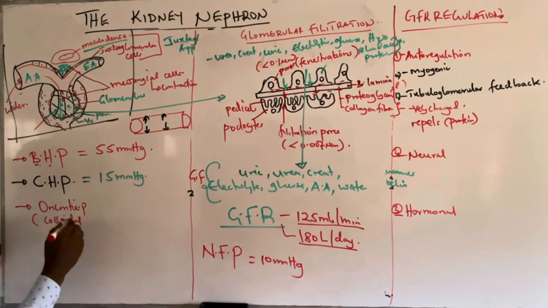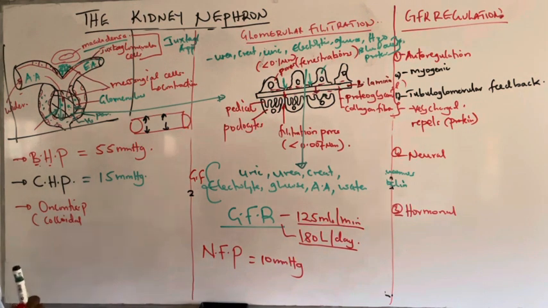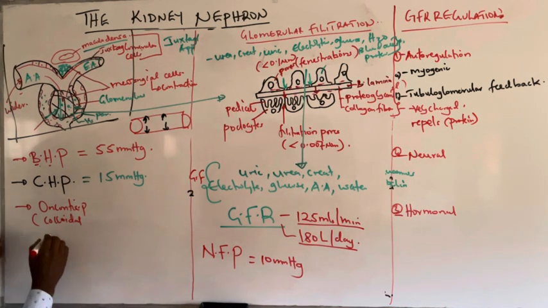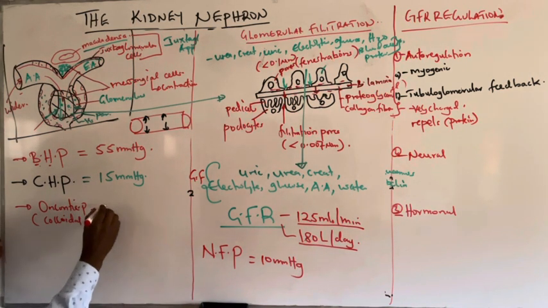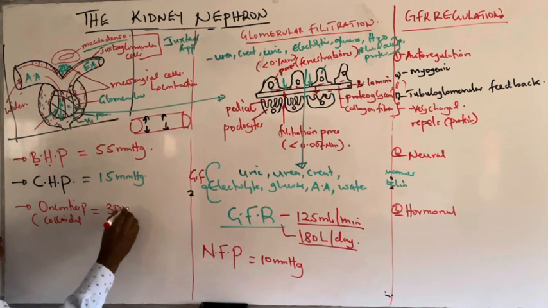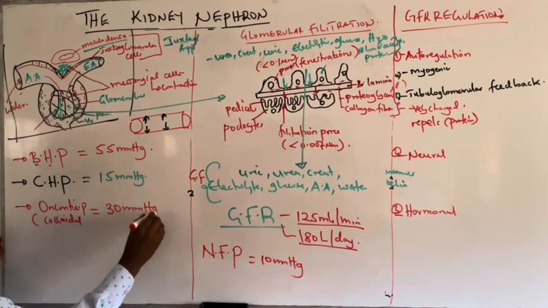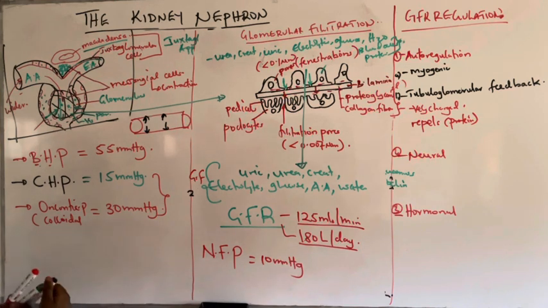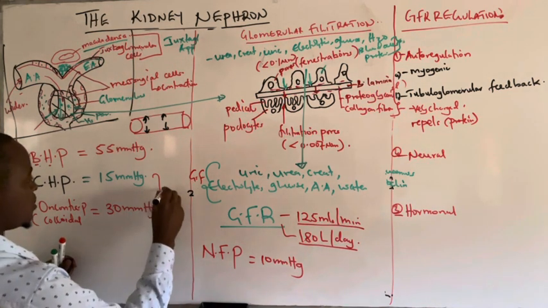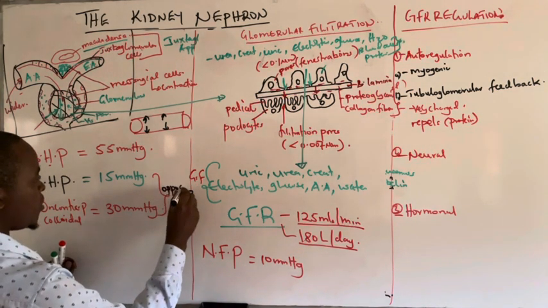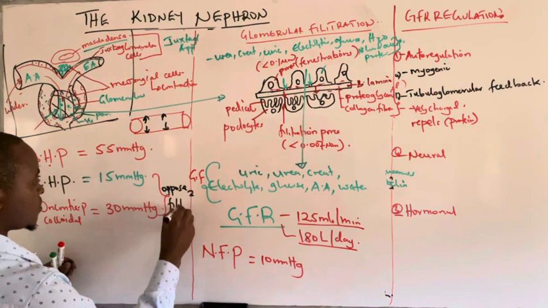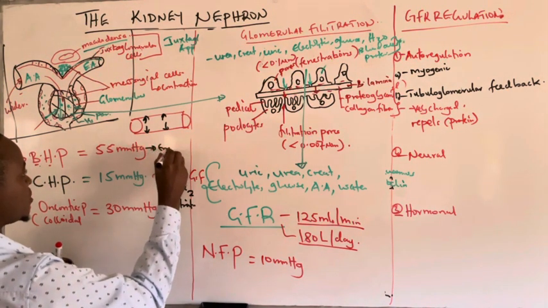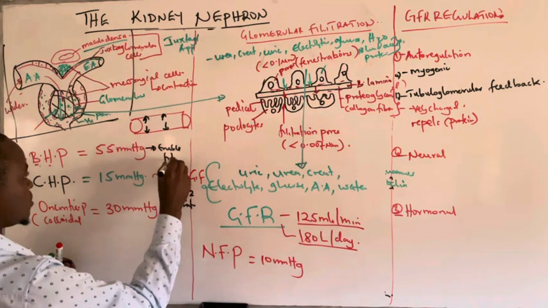And this is being created by the presence of albumin, and it is also opposing and is equivalent to 30 millimeters of mercury. So we have seen these two, they are opposing pressures. They oppose what? Filtration. Then this one is the one that enables filtration.